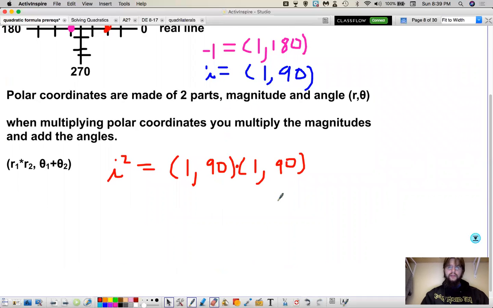This is multiplying here. I multiply the magnitudes, so 1 times 1 is 1. I add the angles. 90 plus 90 is 180.